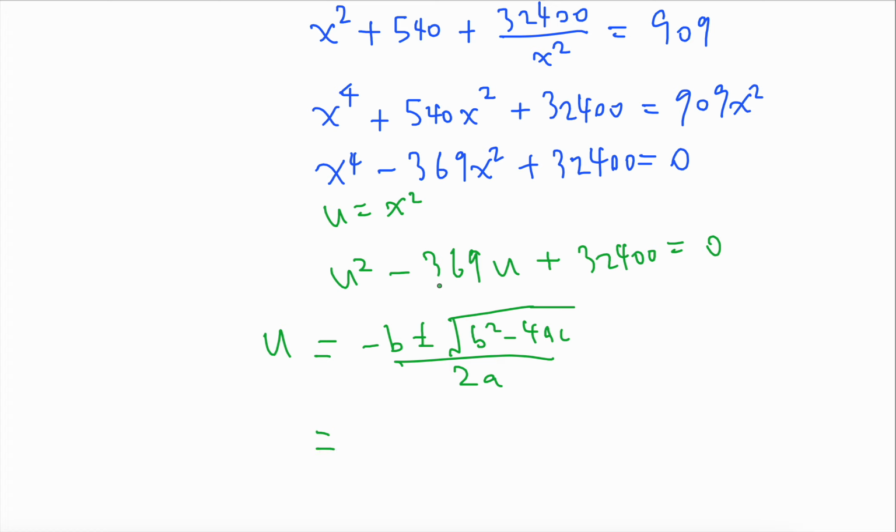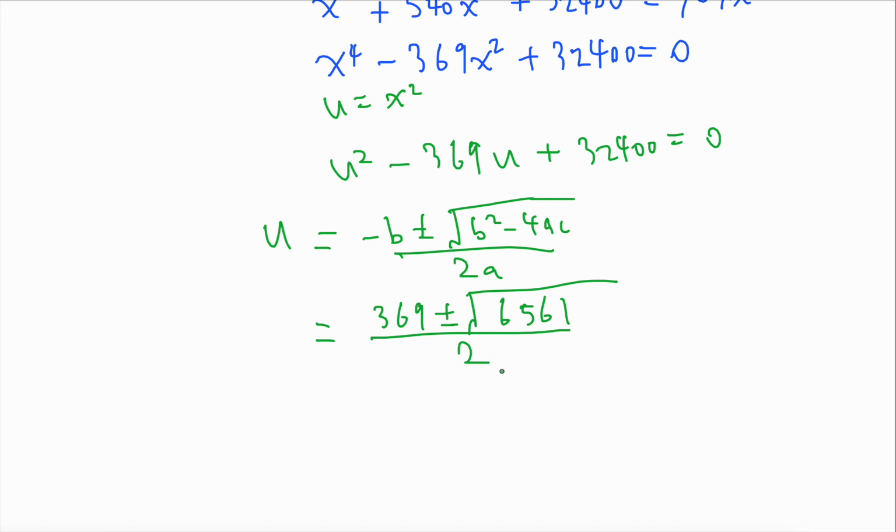That would be 369 plus or minus the square root of 369 squared minus 4 times 32400, which is going to give us 6561, divided by just 2, and the square root of that is 81.